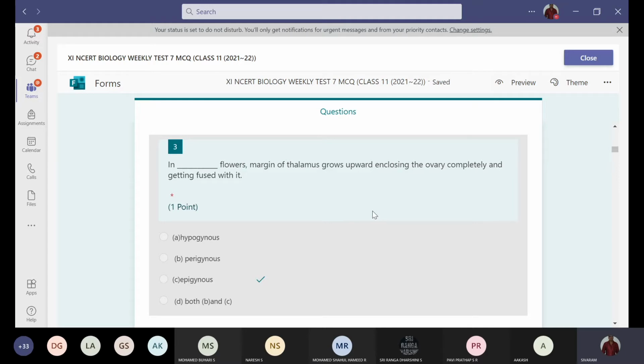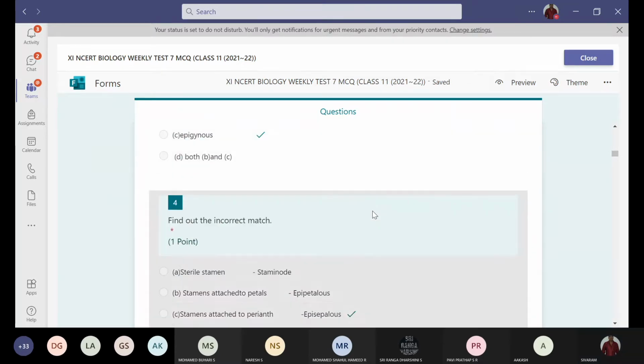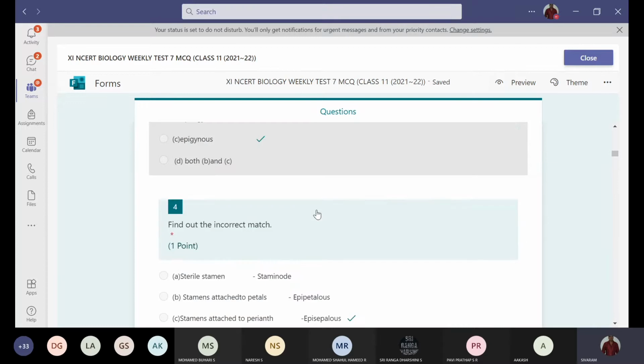We can also call it as inferior ovary, because the ovary is present below, and all other floral parts are arising away above from the ovary. That's why we call it as epigynous flower. So in epigynous flowers, margin of thalamus grows upward, enclosing the ovary completely and getting fused with it.